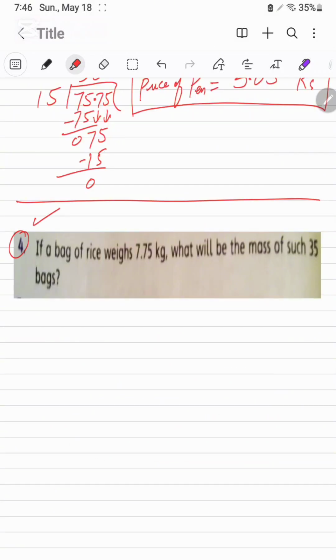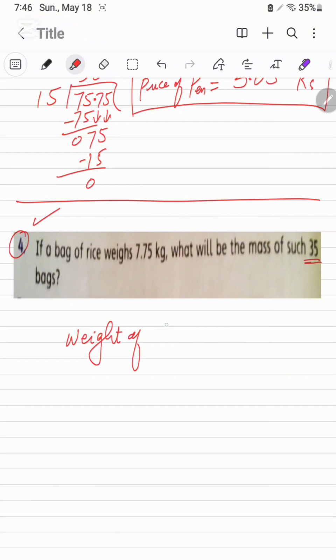Now it is question number 4. If a bag of rice weighs 7.75 kg, what will be the mass of such 35 bags? Weight of rice bags.